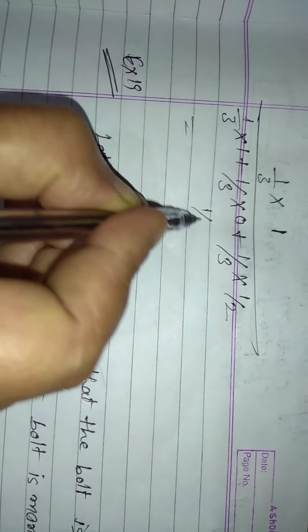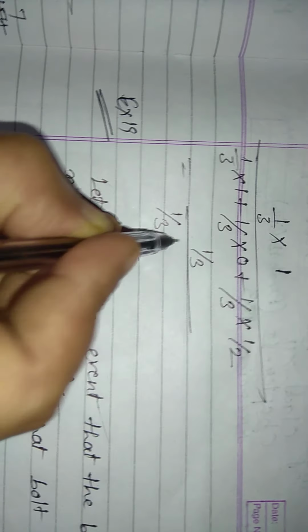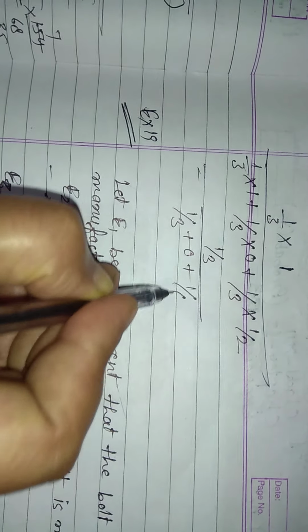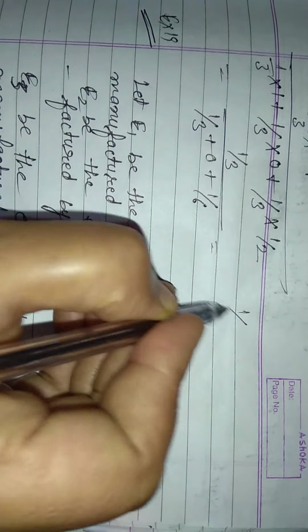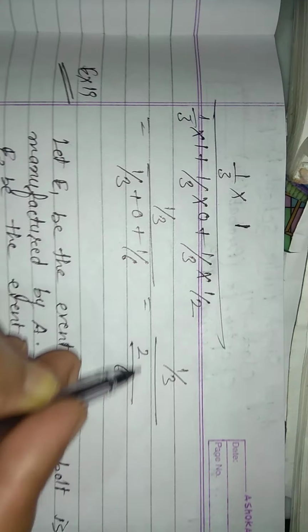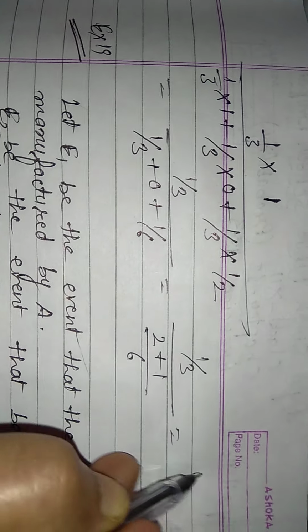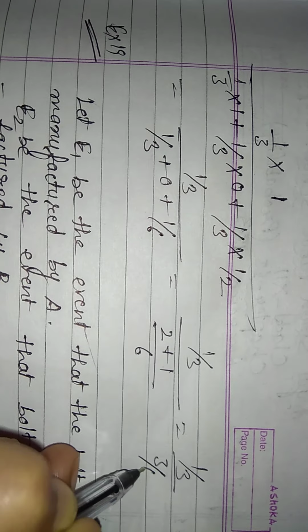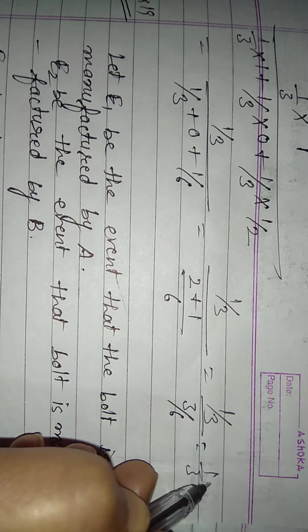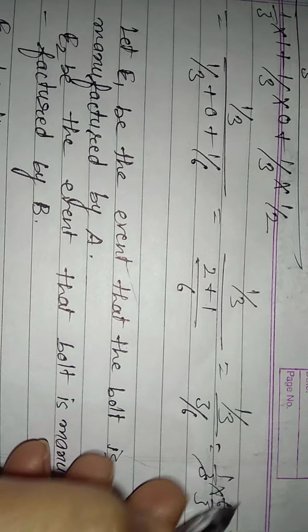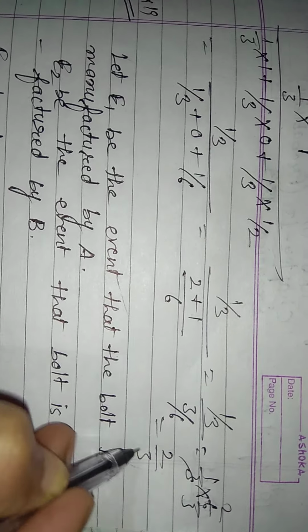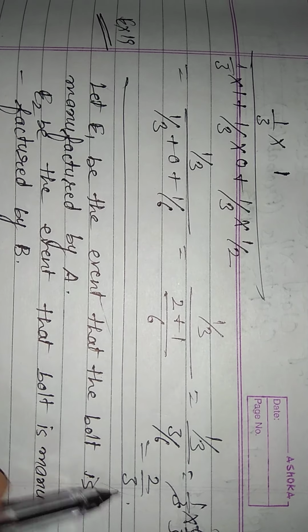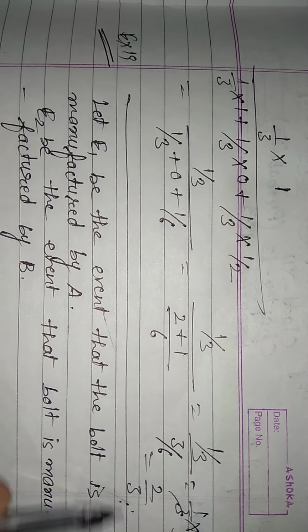So it is 1 by 3 upon 1 by 3 plus 0 plus 1 by 6. So 1 by 3 upon, LCM 6, 3 2s are 6, 1, so 3 by 6. So 1 by 3 into 6 by 3. 3 2s are 6. Then what is the answer? 2 by 3. So this is the probability of finding the gold coin from the first bag.